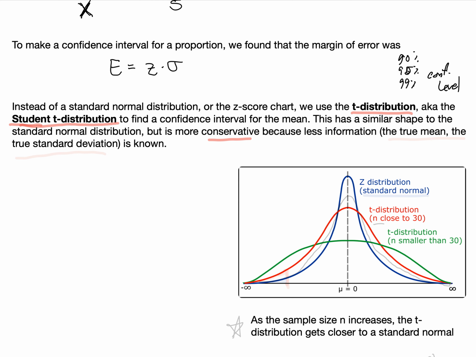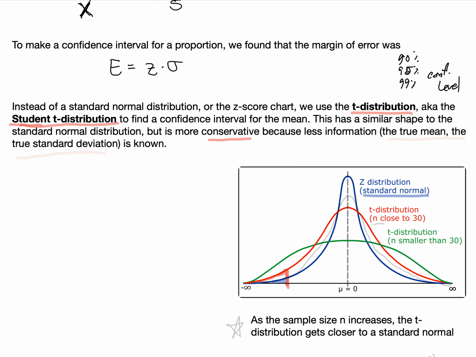So the student t-distribution is very similar in shape to a standard normal distribution. Here is the z-score distribution, the standard normal distribution, in blue. And if you compare the tails of the standard normal distribution to the tails of the t-distribution, there's more area in the tails for the t-distribution, and basically this is a more conservative estimate where we're less confident about where the data falls.